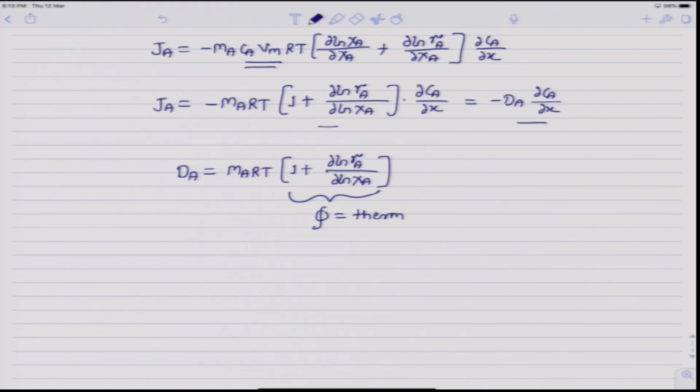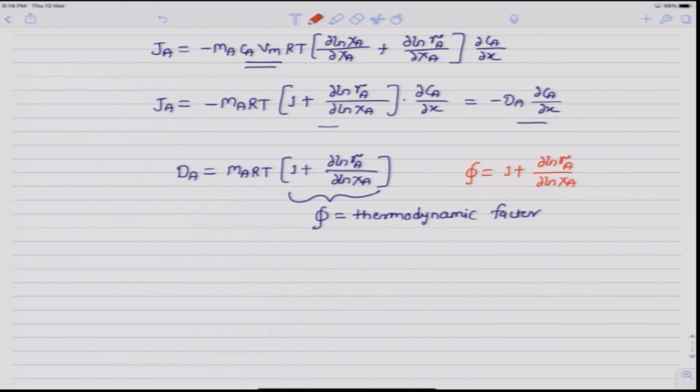We denote it as phi. Phi is equal to 1 plus dou ln gamma A by dou ln x A.